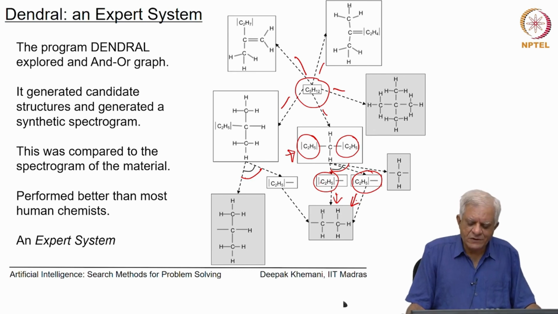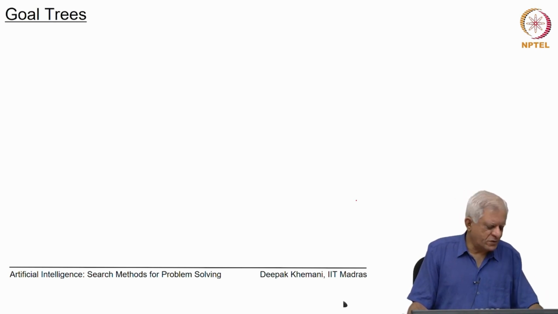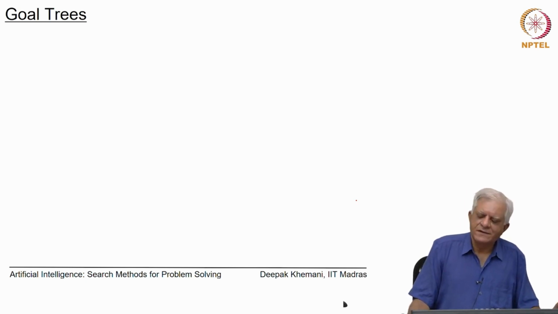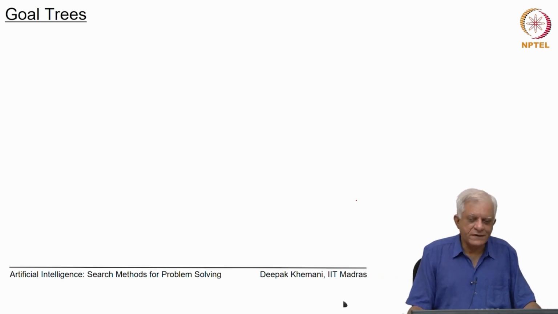So, let us now move on to how we actually solve these things, and the approach to solving problems on AND-OR trees is also sometimes referred to as goal trees. We will come back to that. This is a little bit similar to what we did in backward state space planning, and we will come back to that again when we look at logic and theorem proving, that backward reasoning or goal directed reasoning is a very powerful mechanism indeed.